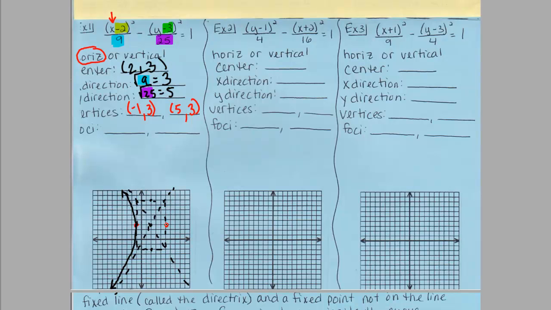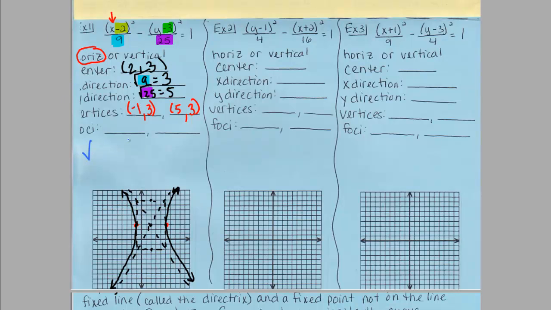And the same thing with this one, along this asymptote this way, and along this one this way. And what that means is it will never actually cross those dotted lines. It will keep going in this direction, but it won't ever cross the dotted line. So that's what our graph will look like, but we still need to do our foci.